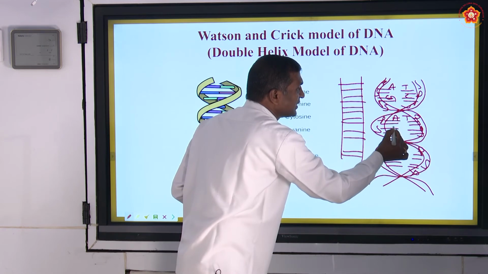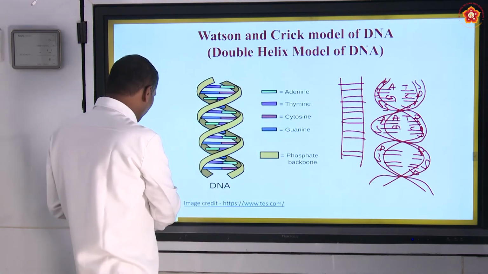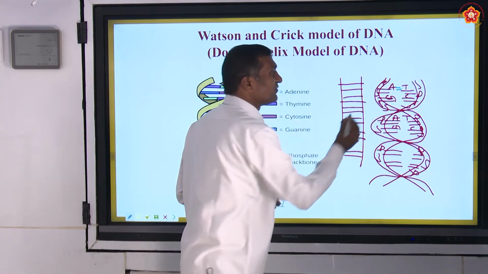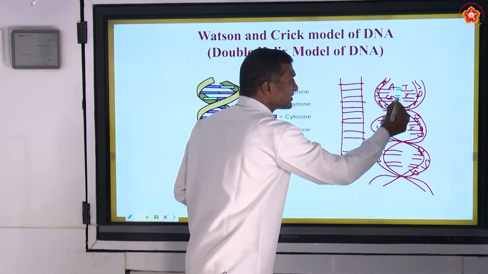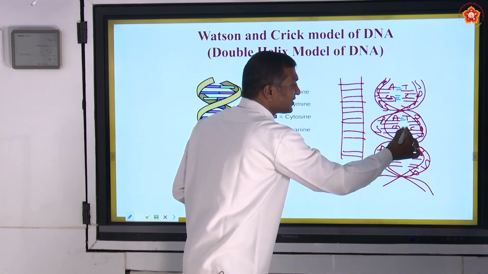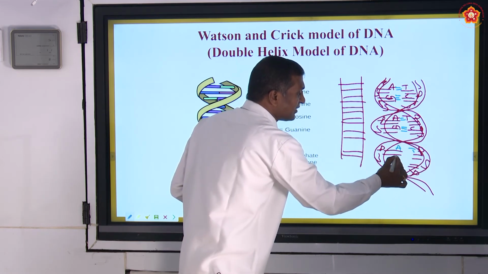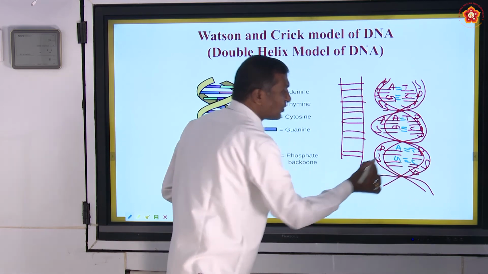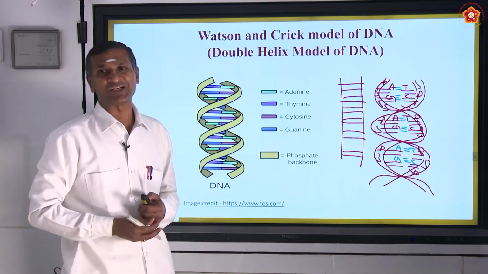Adenine and thymine are bonded with two hydrogen bonds, guanine and cytosine with 3. This is a rough model for explanation.